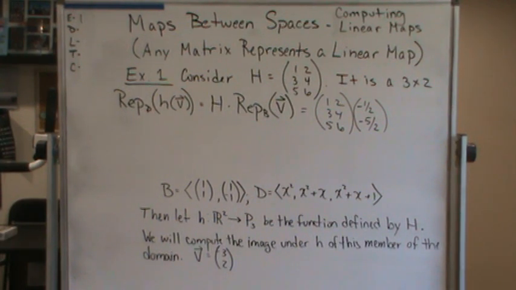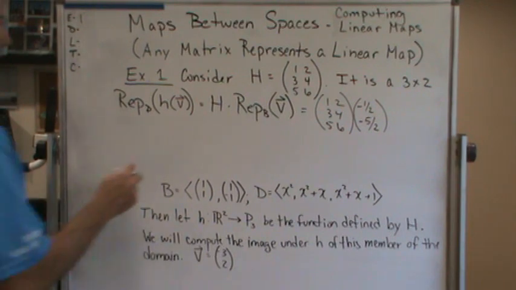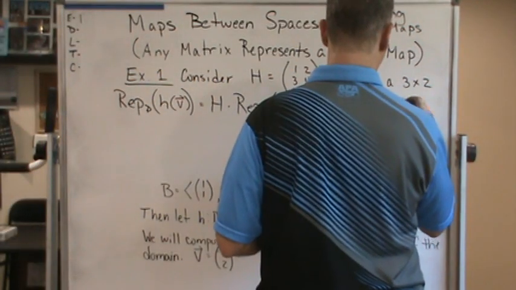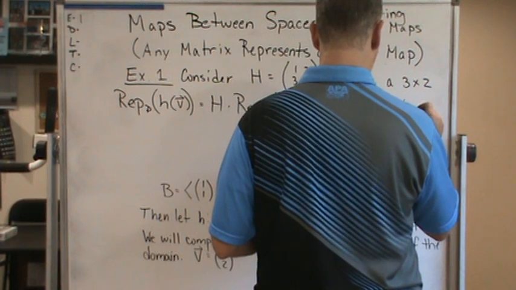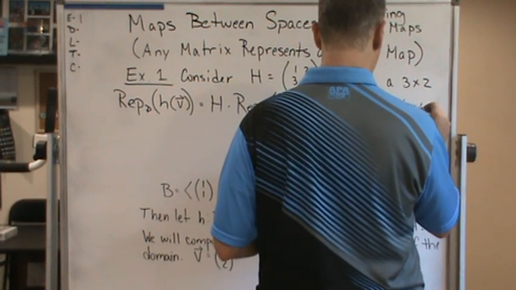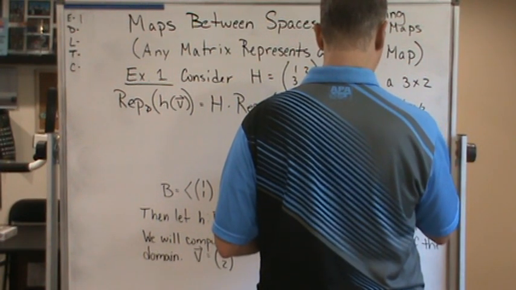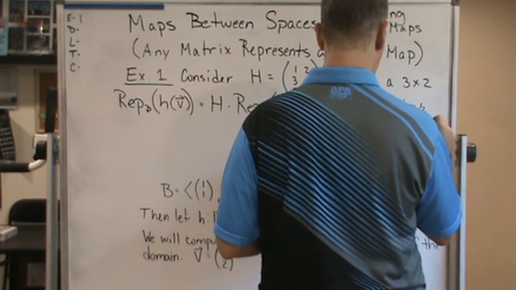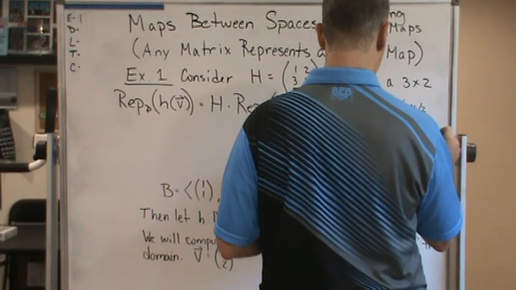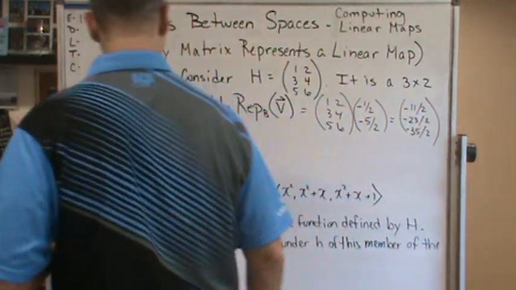When we do that, we're going to get a negative 11 halves, a negative 23 halves, and a negative 35 halves.